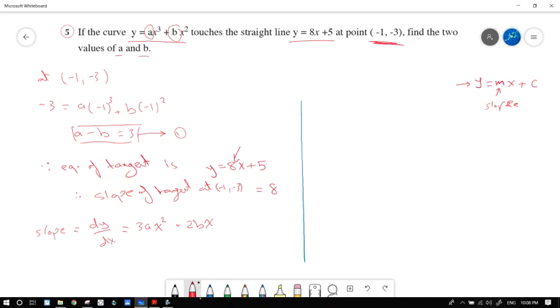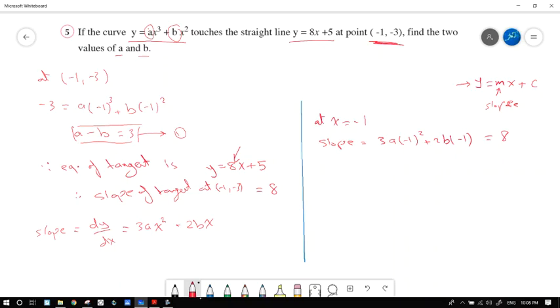This is the slope of the tangent at any point, but I need the slope of the tangent at the given point, which is (-1, -3). So at x equals -1, the slope of the tangent equals 3a times (-1)^2 plus 2b times -1, which must equal 8, which is the slope of the tangent I already have.